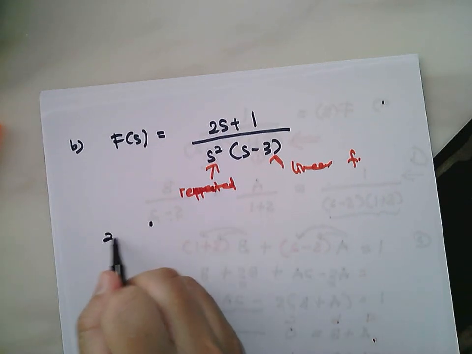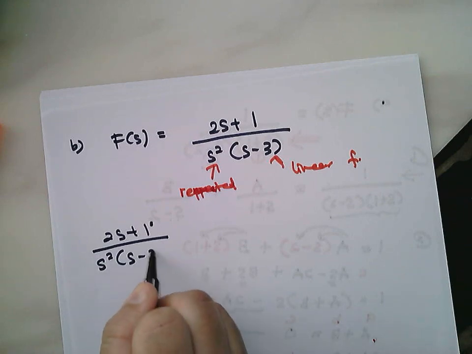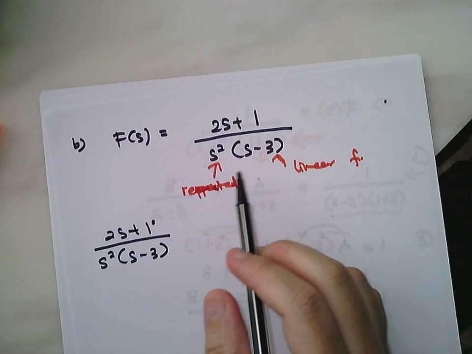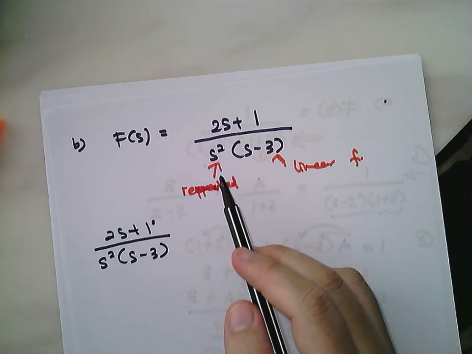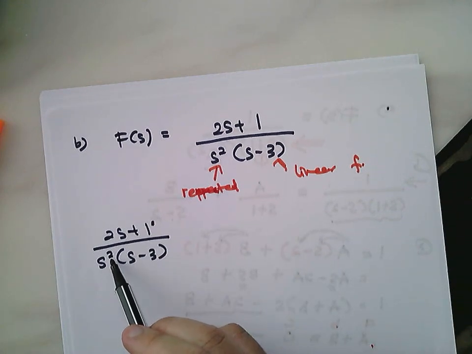So 2s plus 1 over s squared, s minus 3. This is a combination of case 1 and 2, because this is linear and this is repeated. Remember, when we are dealing with a repeated function, you stop until your n is equal to 2.